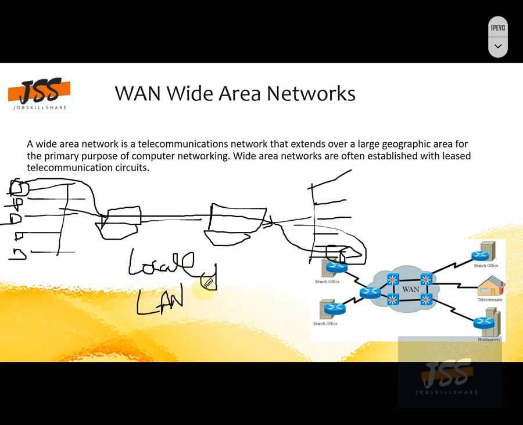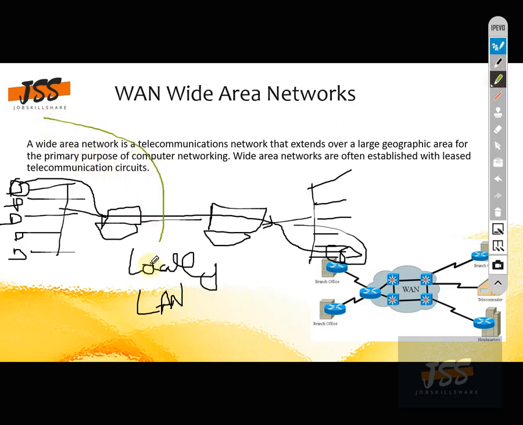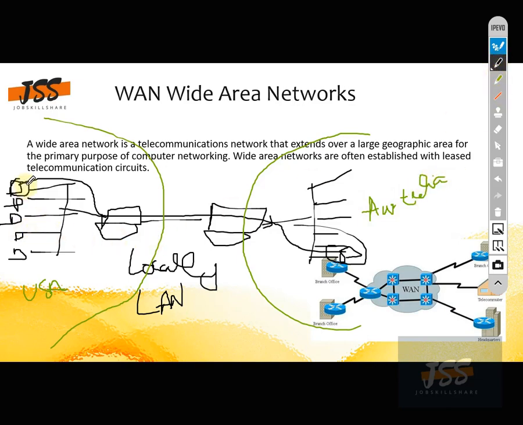But what in case this portion belongs to the USA and this portion belongs to Australia? The same way, this person wants to send information to this person here, but this time we are located in a different geographical location.